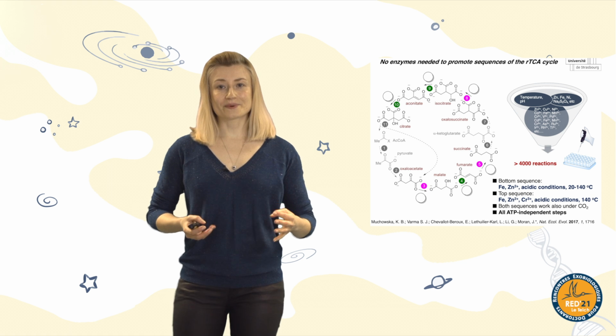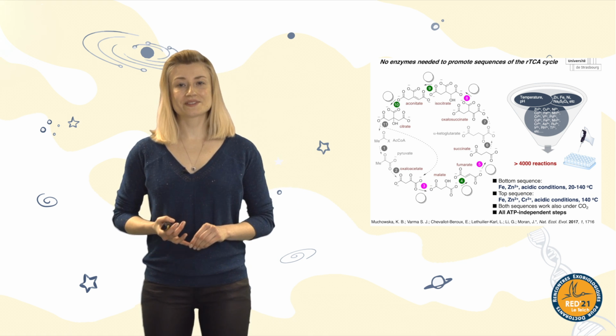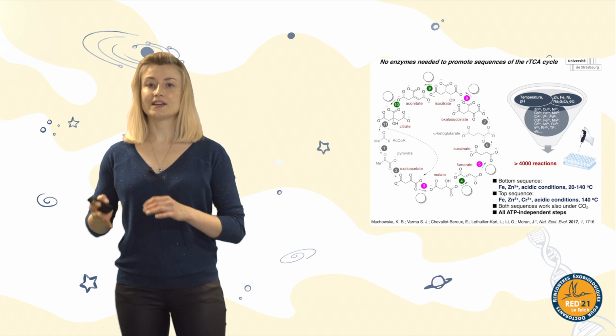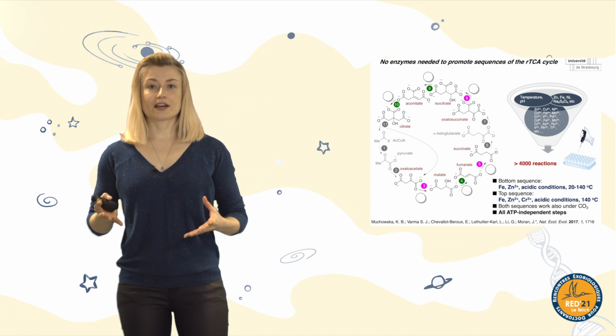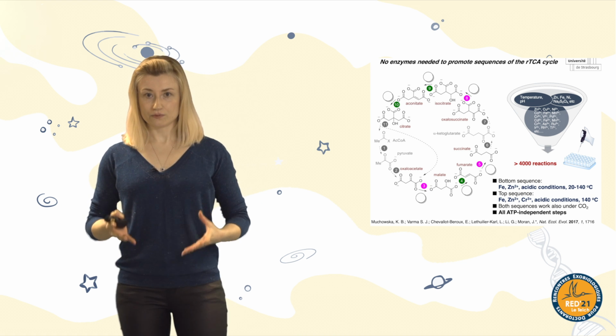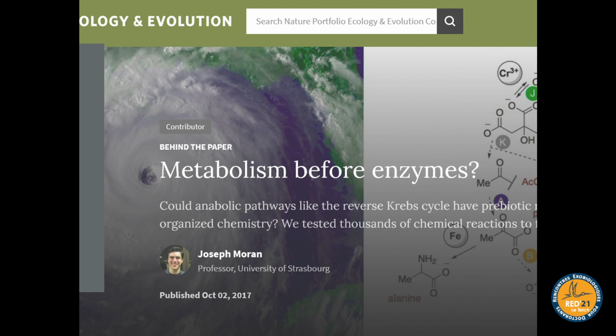So for what it's worth, it was probably, to the best of my knowledge, the first example of entire sequences of a biochemical pathway that can be promoted non-enzymatically in one go, in one pot.